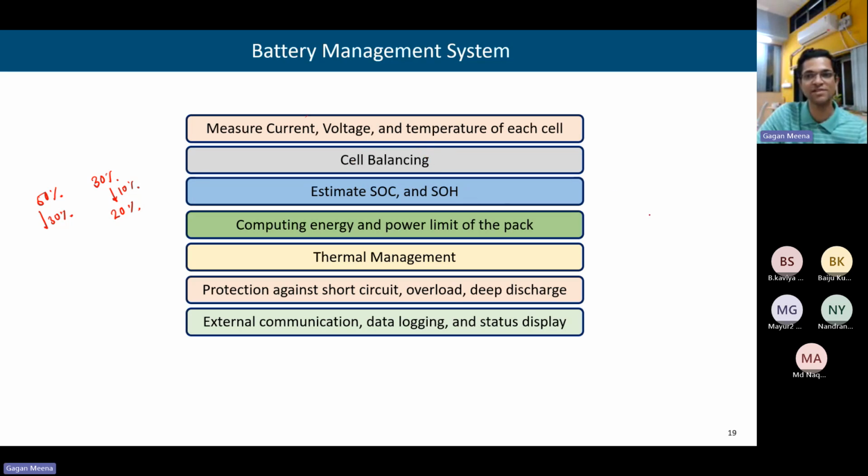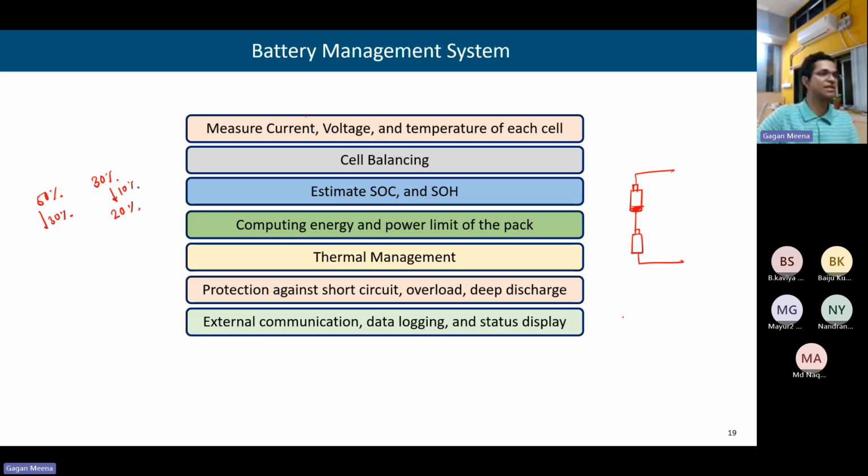If two cells are there in series and one is not able to charge because of capacity fading, its capacity has reduced, its life is gone because of deep discharging.